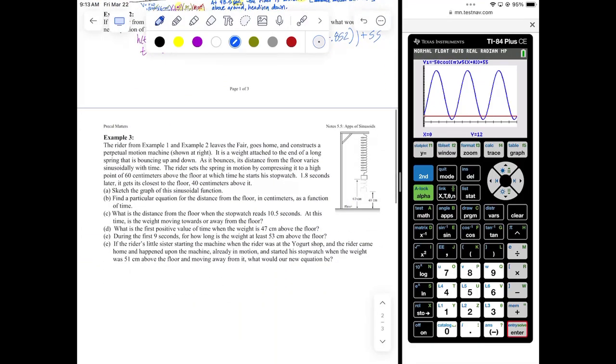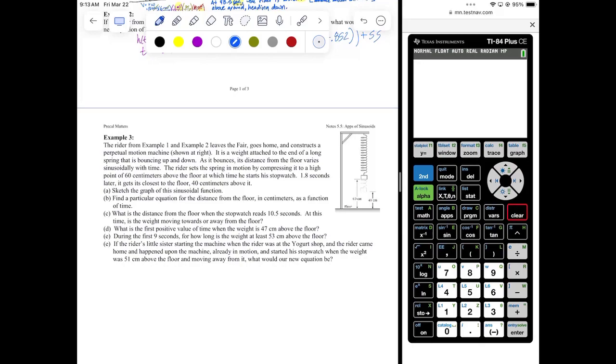Let's kind of shift gears here to a different scenario. No more Ferris wheels. This is kind of like a science experiment, and this is where you neglect gravity and air resistance and all this good stuff. It's an ideal situation. We've got a weight that is hanging from a spring attached to something at the top, okay?